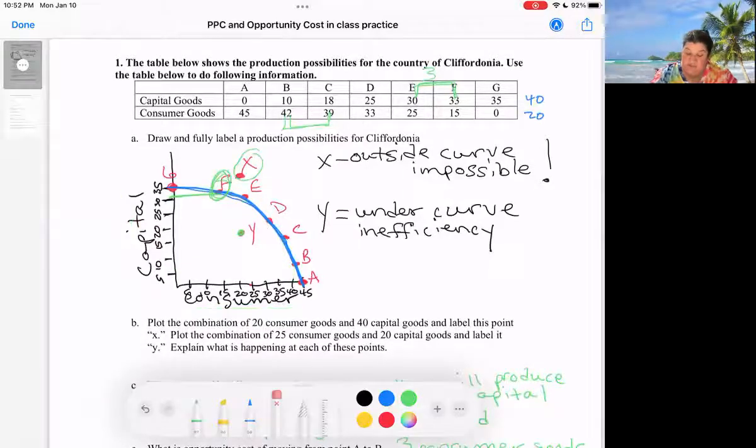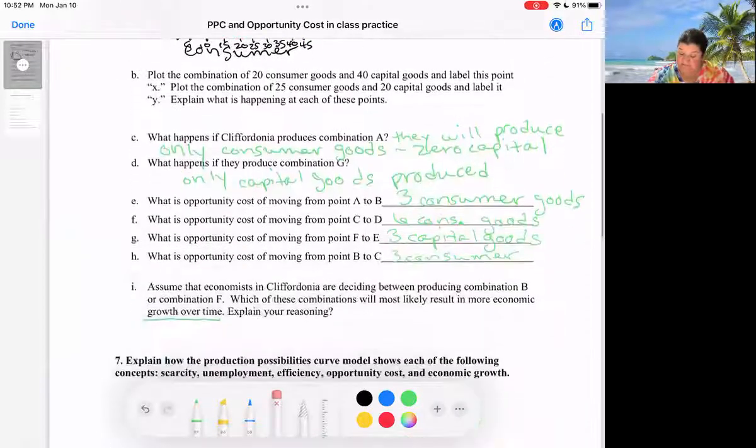Why? Because we are already utilizing our resources to their fullest potential, and there is no room to make anything else because we've already used all the resources. So point X shows us scarcity because I cannot produce that. There are not enough resources to make at that level. So point X demonstrates for us scarcity.